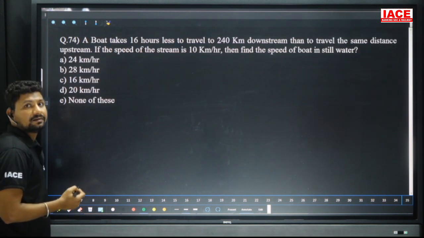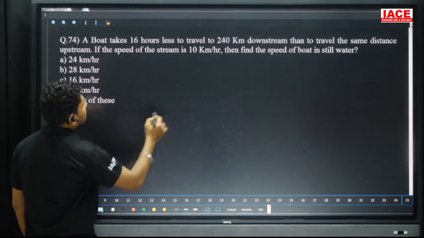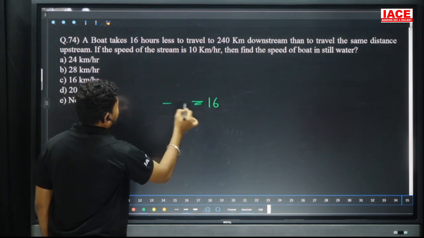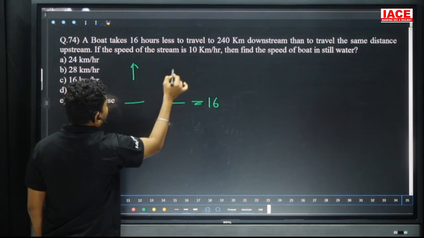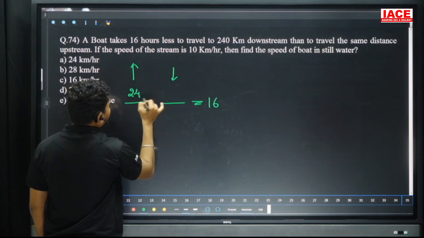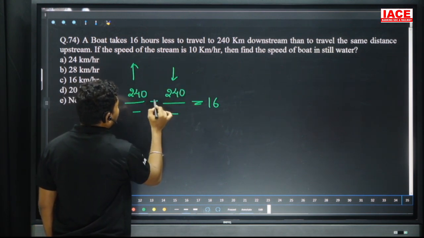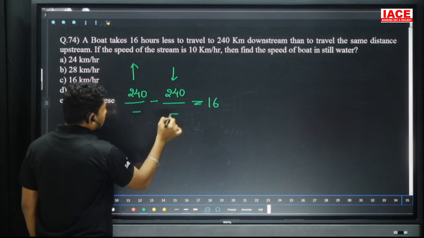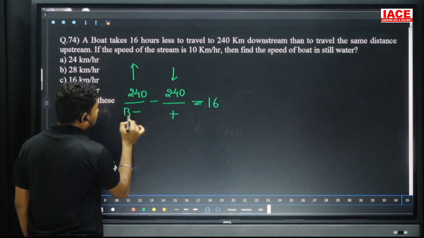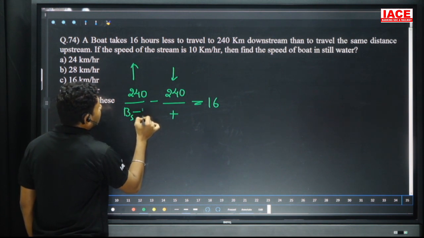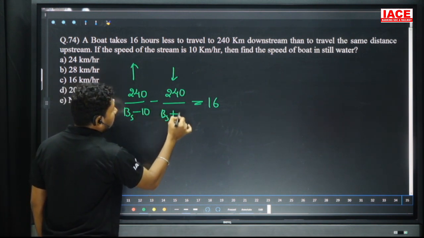Next, question number 74. A boat takes 16 hours less comparing up and down. Up is 240 kilometers, down is 240 kilometers, with minus for upstream and plus for downstream, and the difference is here. The boat speed we don't know, and the current speed we know it is 10.